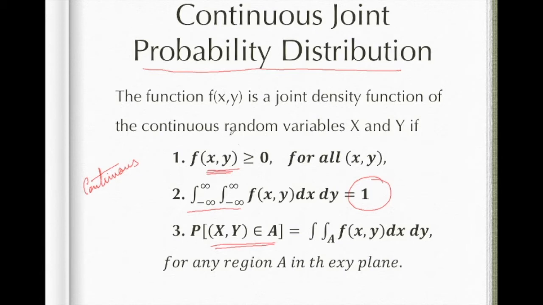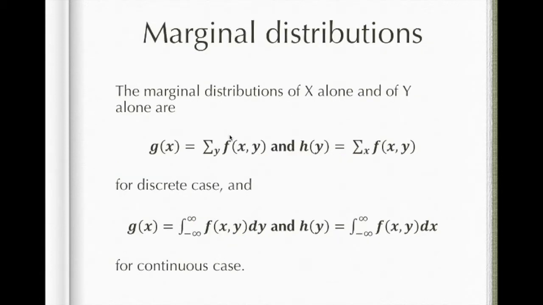In both cases, either discrete or continuous, we should know what marginal distribution is. Marginal distribution is the distribution of either x or y irrespective of the other random variable.